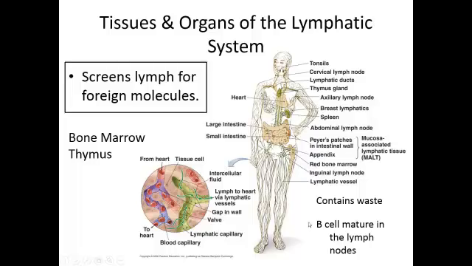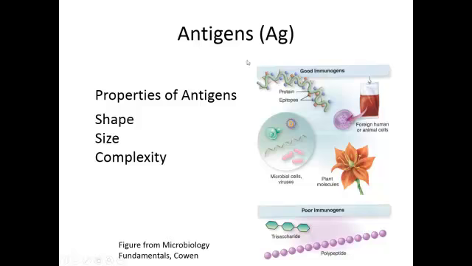So what are antigens? Antigens are any molecule that will stimulate an adaptive immune response. So we have all sorts of properties of molecules that make them good antigens or good immunogens, or poor antigens or poor immunogens.